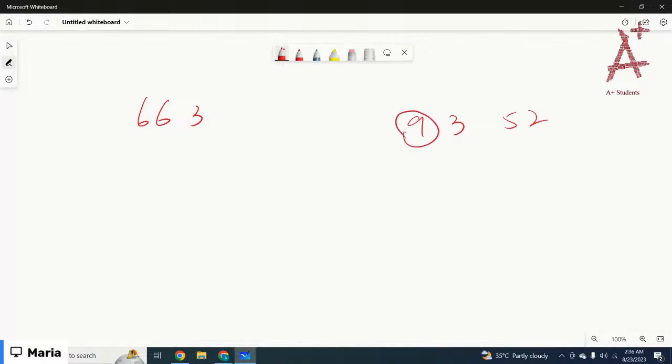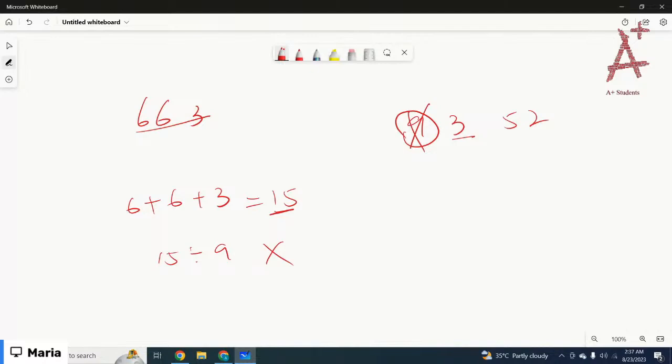So let's just apply the divisibility rule by 9 first, right? The divisibility rule for 9 is you have to sum up the digits. If the sum is divisible by 9... 15 is not divisible by 9, that means this number is not divisible by 9. So this is not the correct option, right?